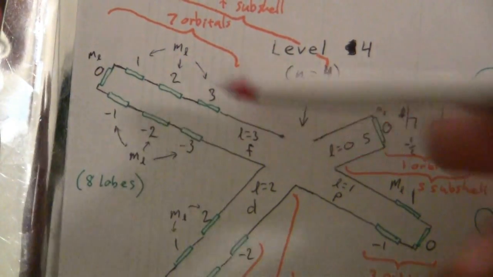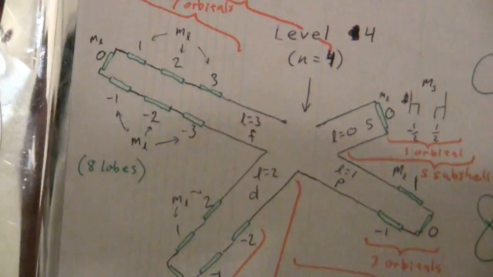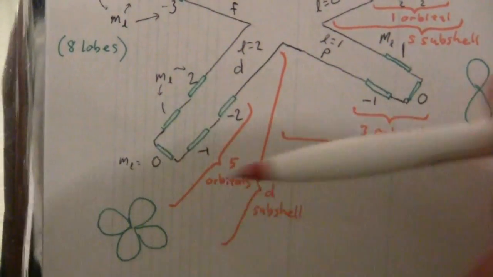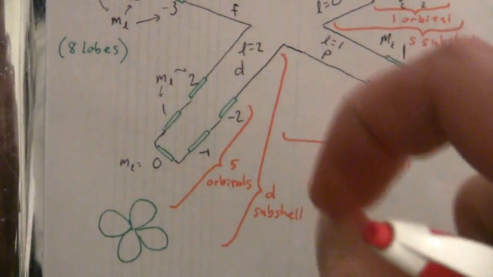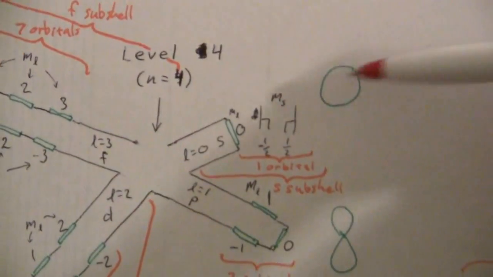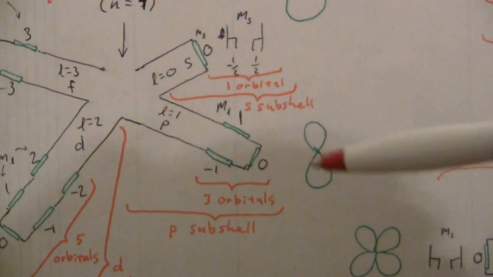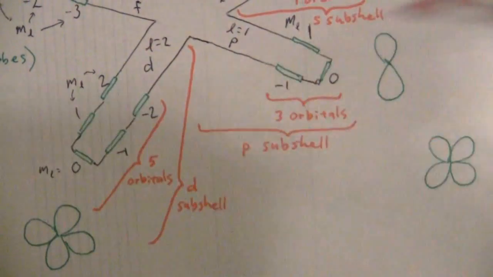Okay, now the shape for the F orbitals, I'm not going to try and draw it, but again, just like before, we took the spherical orbital, we pinched it, and we got this kind of a pinched shape. Then we took that and we pinched it again, and it has 4 lobes.